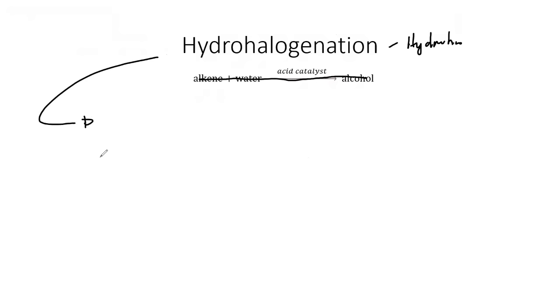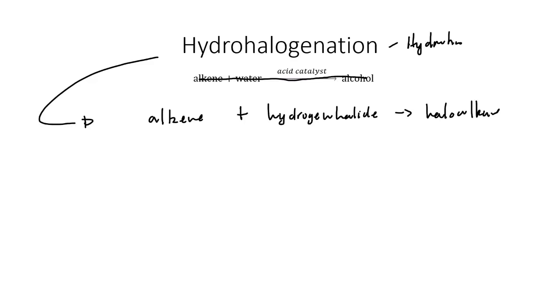Now, in hydrohalogenation, you are adding an alkene to a hydrogen halide, and you're going to form a haloalkane. So you add an alkene plus a hydrogen halide, you're going to form a haloalkane. All right, let's do an example.